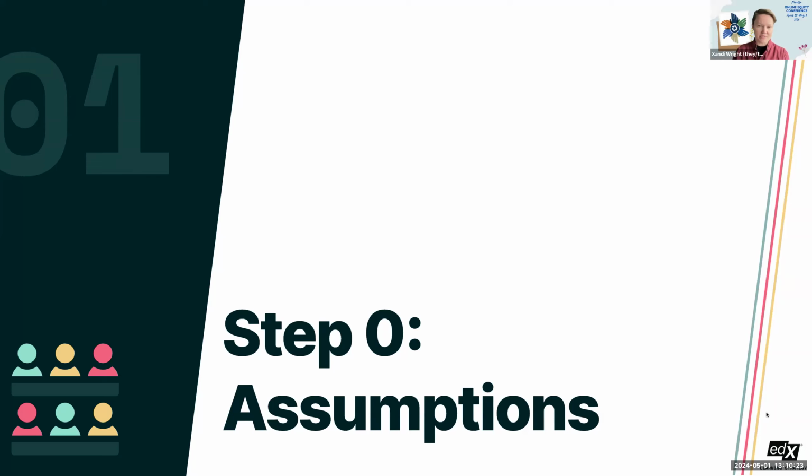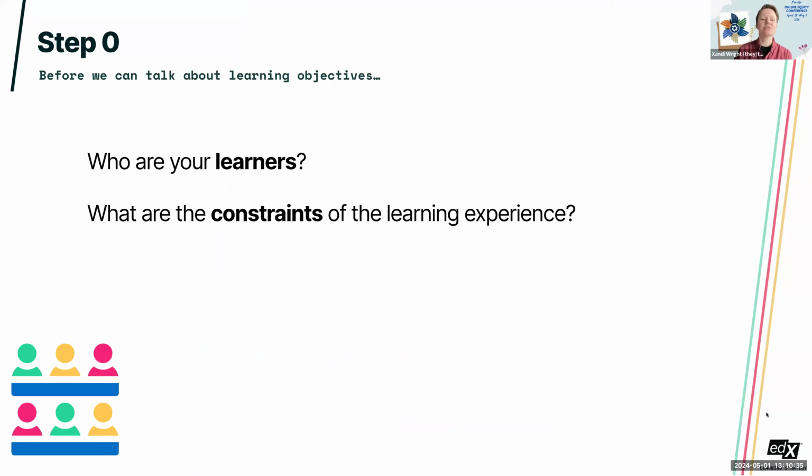So this step 0 is focused on identifying what we actually know or what the constraints are up front, and then also what assumptions are we making about those constraints or about the design process that might be limiting accessibility for learners. So we've broken those down into 2 pieces. First of all, understanding who are your learners, who are we designing for? And then secondly, what are the design constraints of the learning experience? We'll unpack each of those a little bit further.